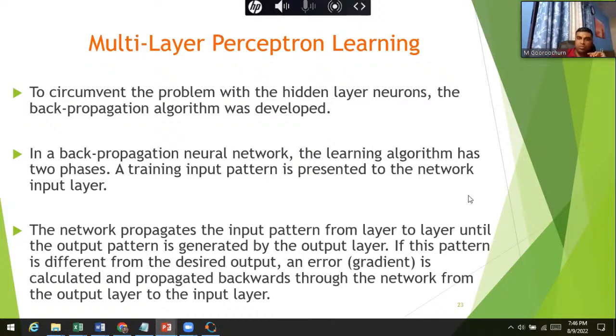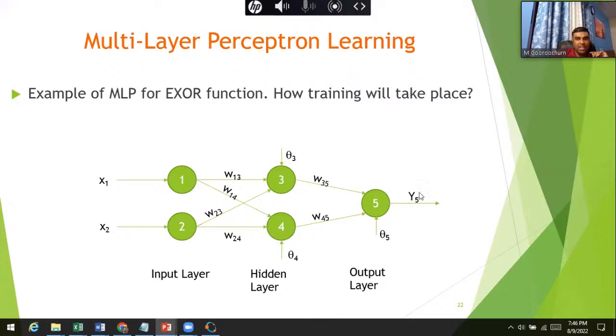Once you have the error here, they tried to apply it backwards, multiplying it by W35, for example, to get the error for this neuron. Unfortunately, when you backpropagate the error value itself, it doesn't work. It's not a good way to estimate the error at this neuron.